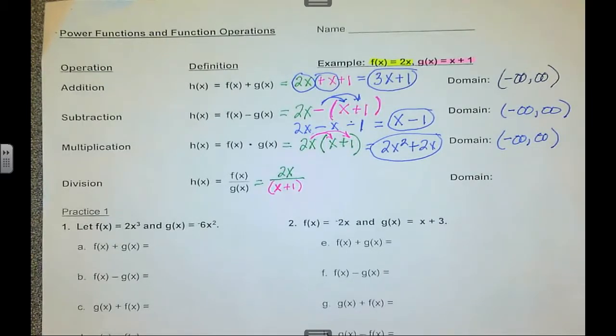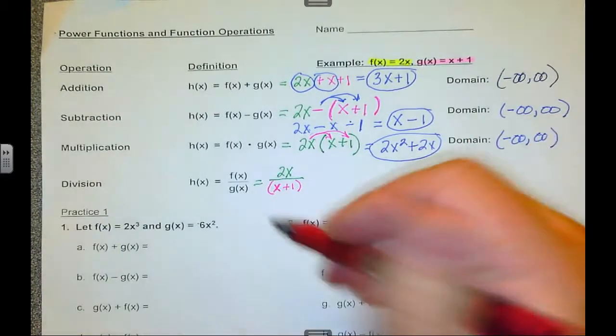What's going to happen if I choose a particular number in my denominator? In a fraction, what can I not divide by? 0. There is one number here that's going to make this 0.